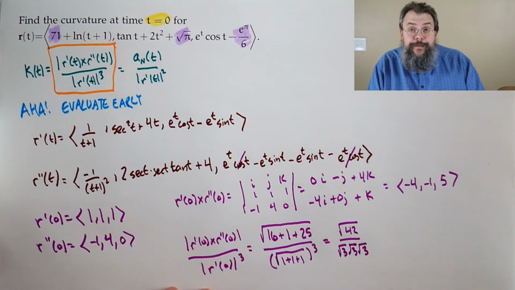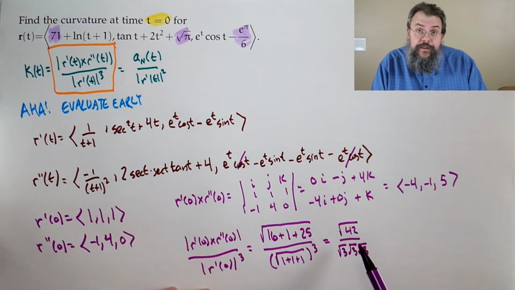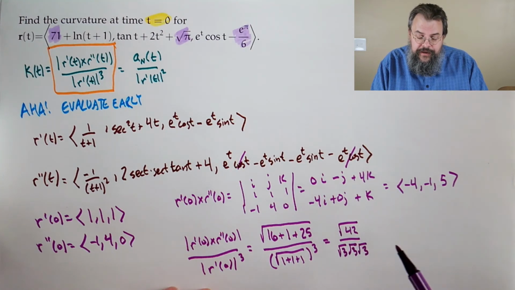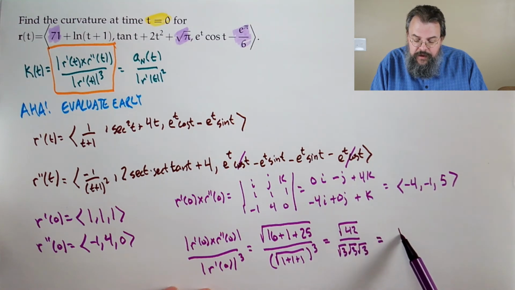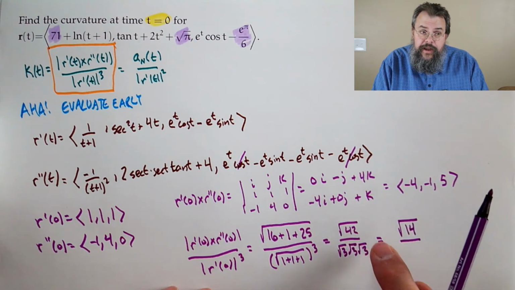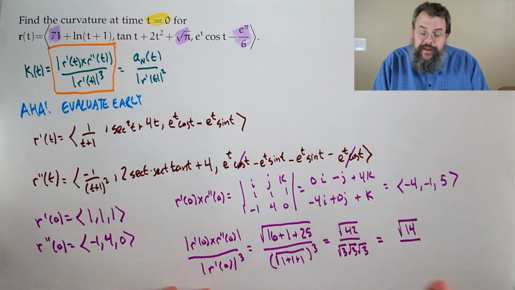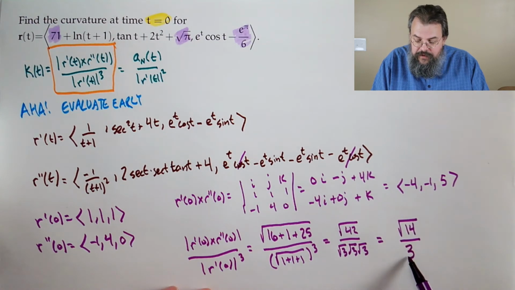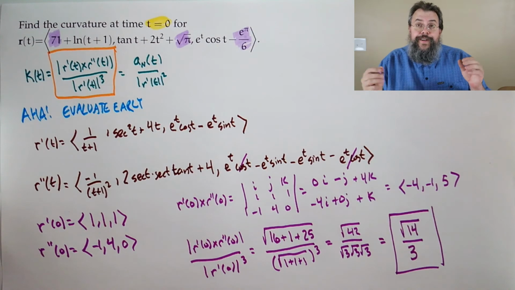Now it turns out that 42 is divisible by 3. So if you take one square root of 3 and divide into 42, you'd be left with the square root of 14. So that's one of the square root of 3's going in there. There are 2 square root of 3's left. If you put those together, that gives you a 3. So you end up with the square root of 14 over 3.